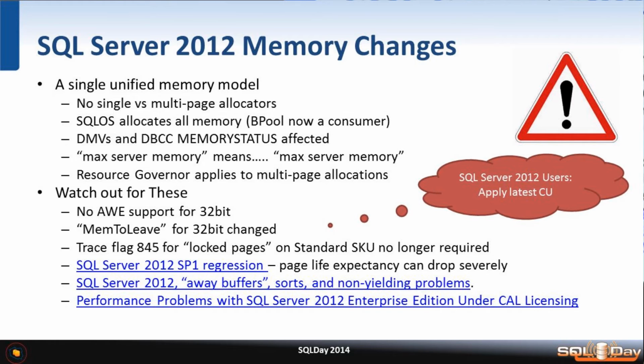And by large, I mean something in the neighborhood of 256 or more gigabytes of RAM, or a multi-NUMA system. And then finally, Jonathan Kehayias, an MVP, has reported a pretty serious problem: if you're using Enterprise Edition with CAL licensing, you've got to be careful, because we actually limit the number of processors, and you can run into a NUMA imbalance problem and performance issues if you don't configure SQL Server correctly. He's got a nice blog post talking about that.